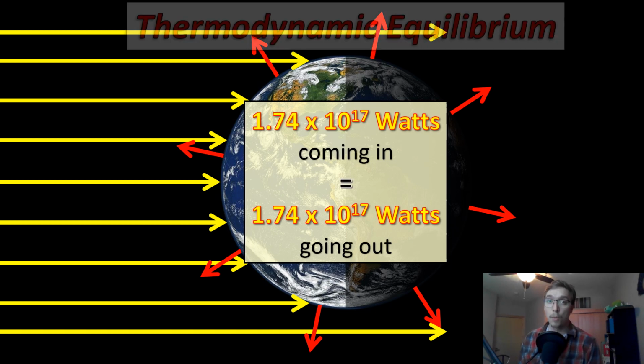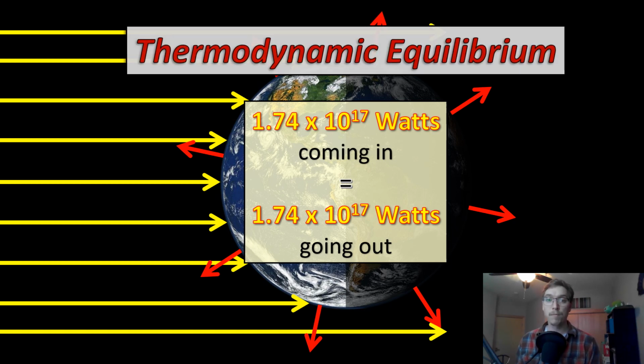We call that thermodynamic equilibrium. So that's very important when you look at balancing energy. More energy coming in means that it's going to be warmer, but more energy has to go out. So the energy coming in is met and balanced by the energy going out of our system. If, for example, there was less solar activity, there would be less output. If there was more solar activity, there would be more output, etc.